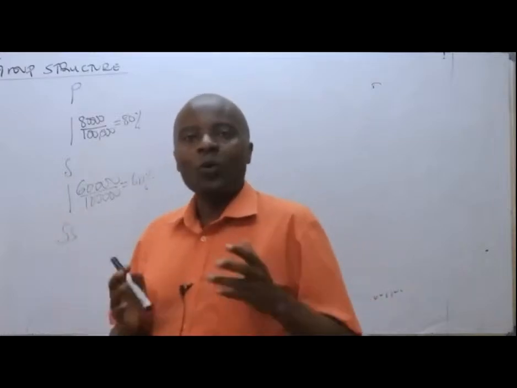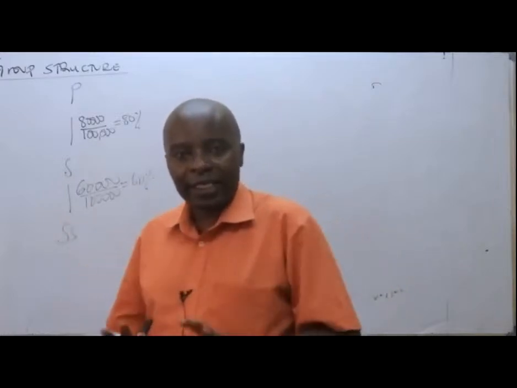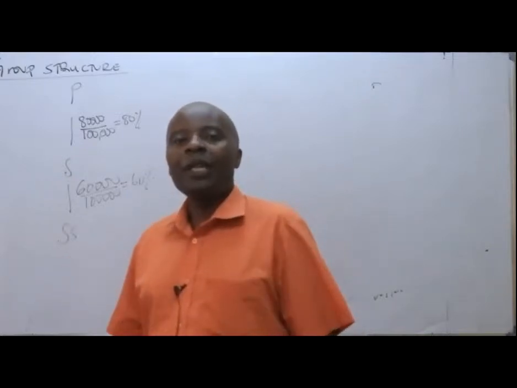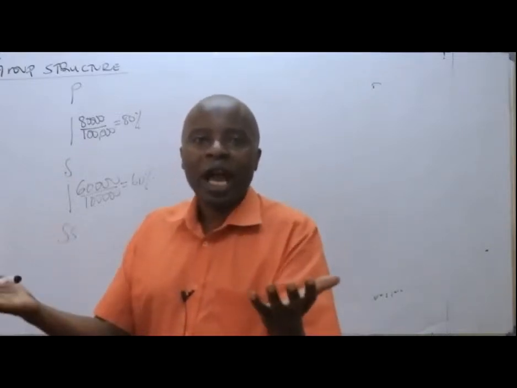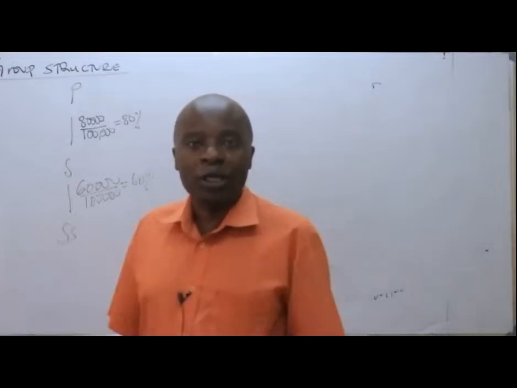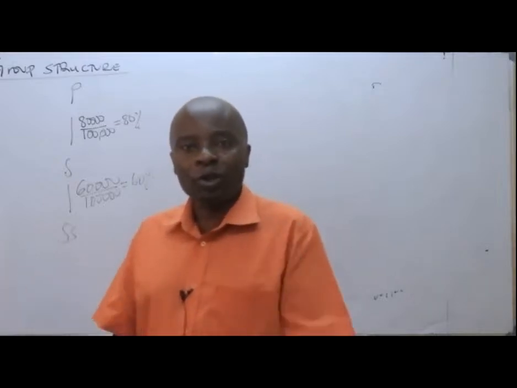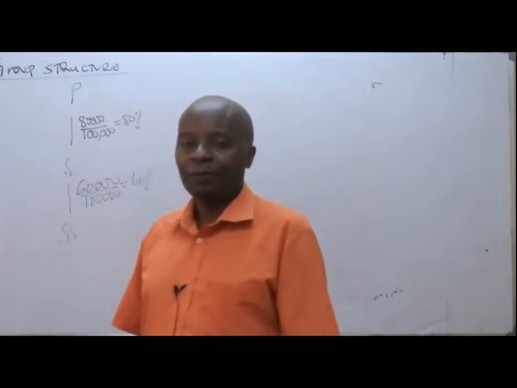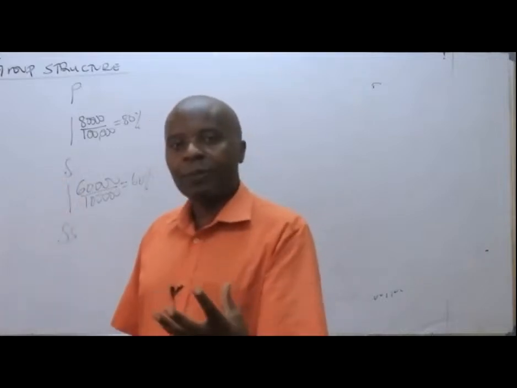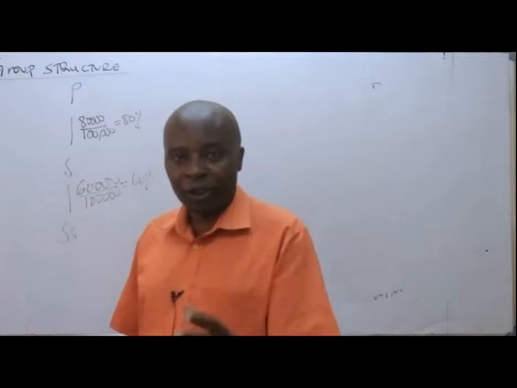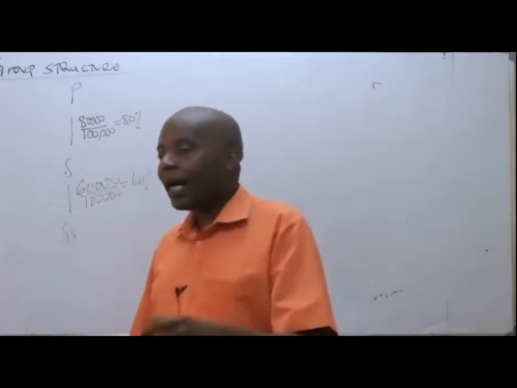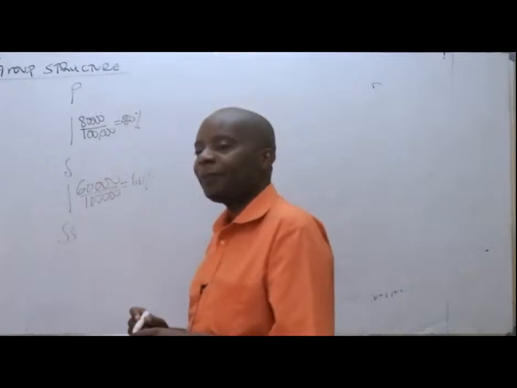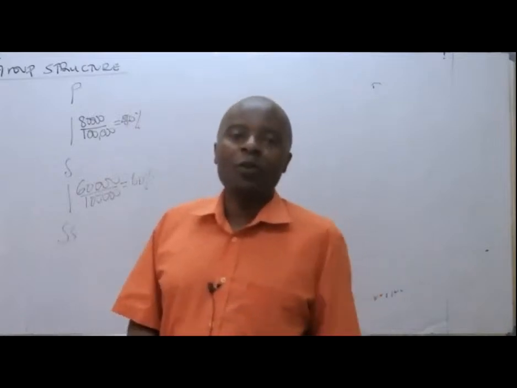You run it without our interference. We even sign that there will be no interference for the next, say, 10 years. So we have given away our powers of control. When you give away your powers of control, then this cannot be termed a subsidiary. You can't consolidate its performance in your group results. So remember, at times you could even get a situation where you have like 40% shareholding.